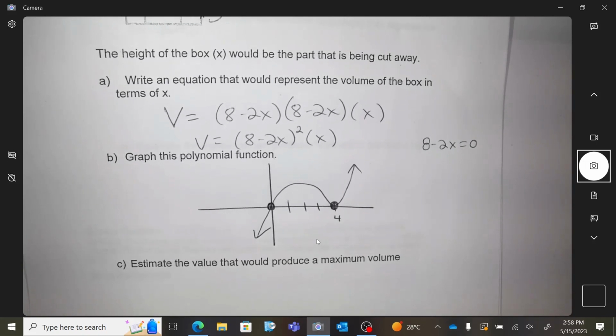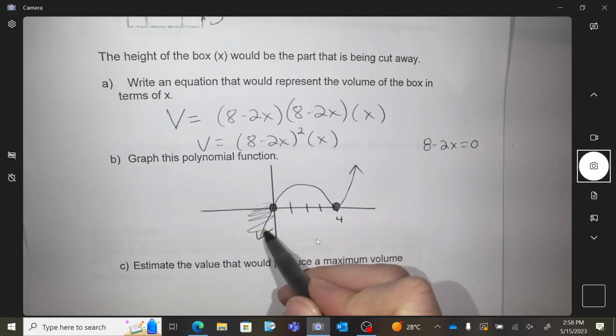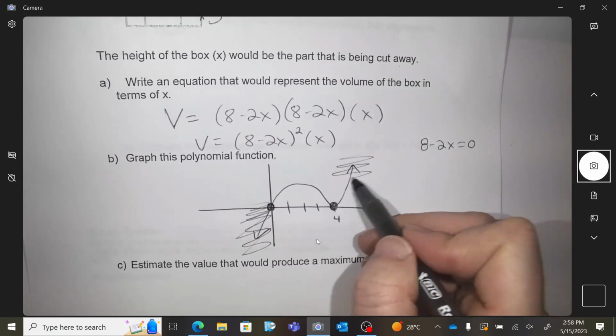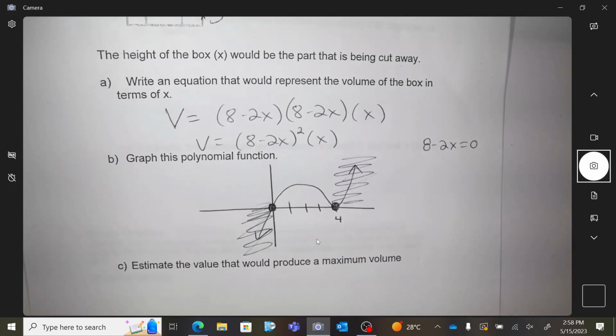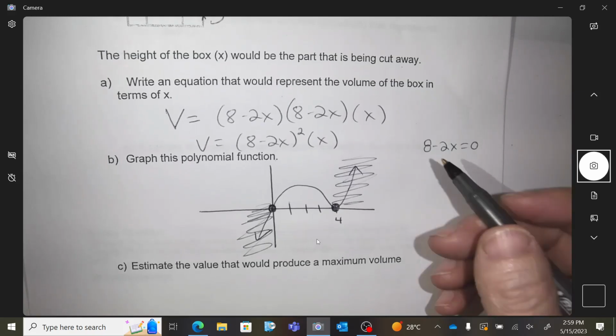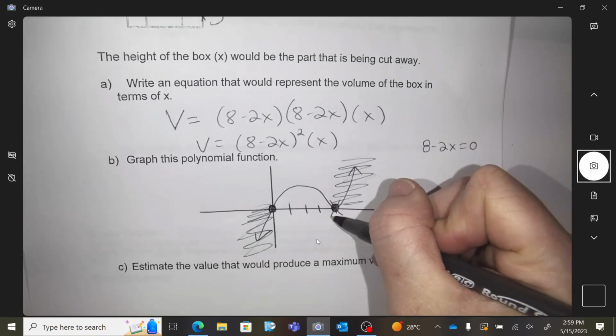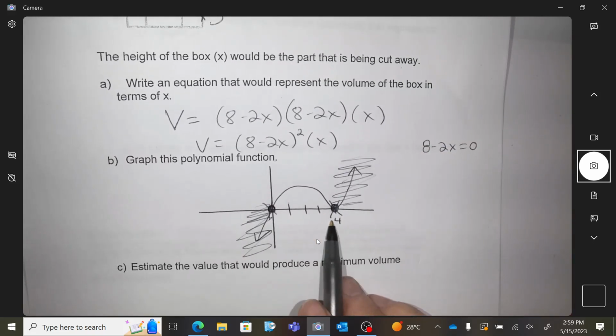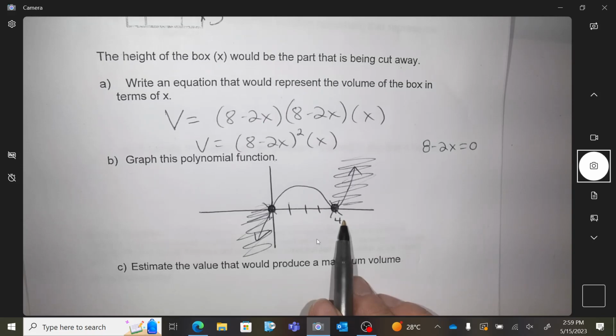Is there any parts of this graph that aren't applicable to us in real life? Before the 0 and after the 4. Also, there's another part that doesn't work. Exactly 0 and exactly 4 don't work as well.